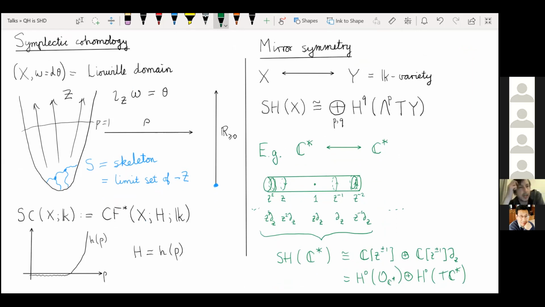A Liouville domain is an exact symplectic manifold, so it comes equipped with a primitive theta for the symplectic form. And given theta, you can define an associated vector field Z by this equation. This Z is called the Liouville vector field.